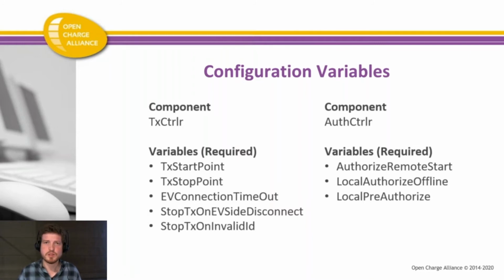This could be the case, for example, if it started offline, or if it cached the ID, but the status changed during the period it was cached. For the auth controller, these are some variables which state whether it's possible to do offline authorizations and whether it is allowed to use the cache or the local authorization list to authorize a transaction.